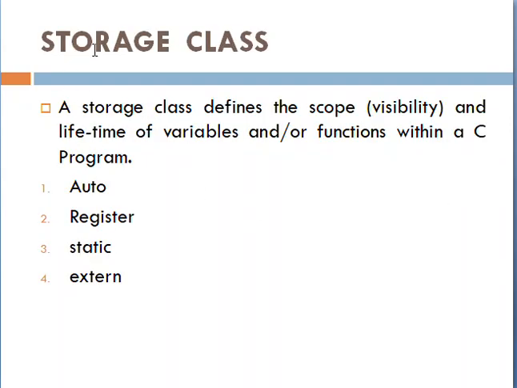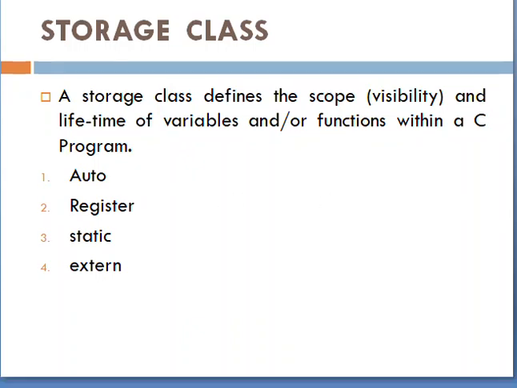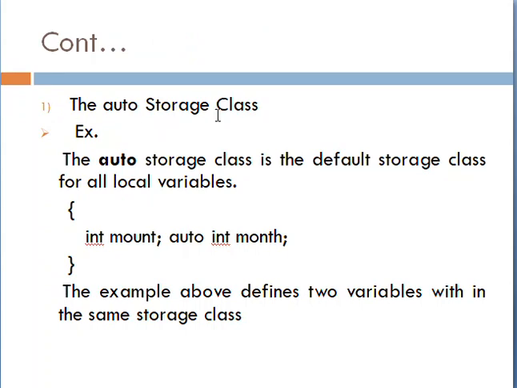Next, some storage classes. The storage classes are 4 types: auto, register, static, and external storage class. The auto storage class symbol is like that: auto int month.